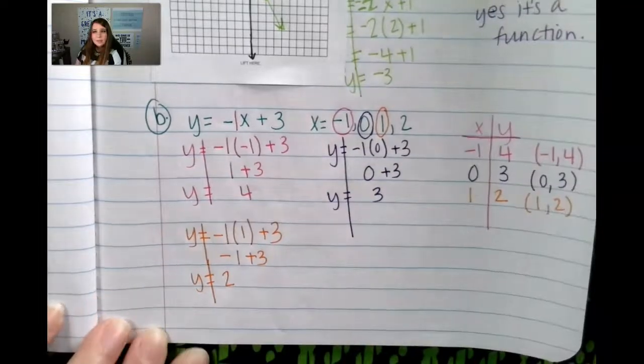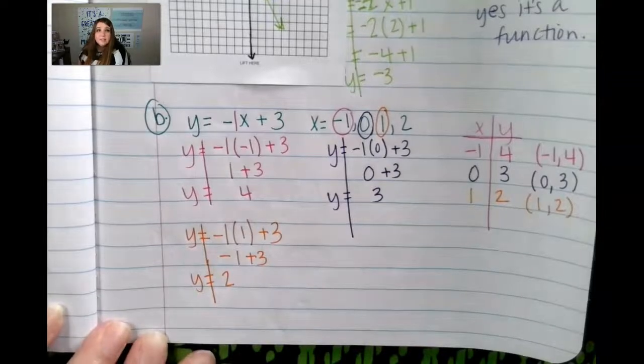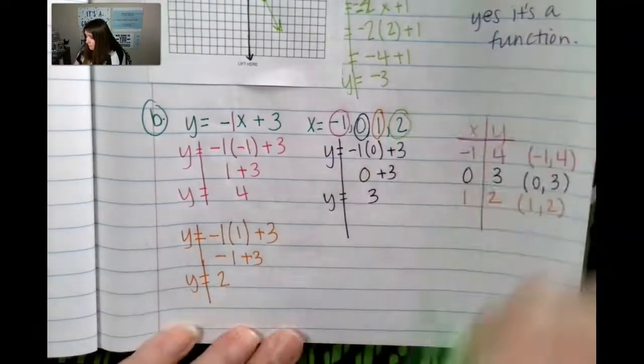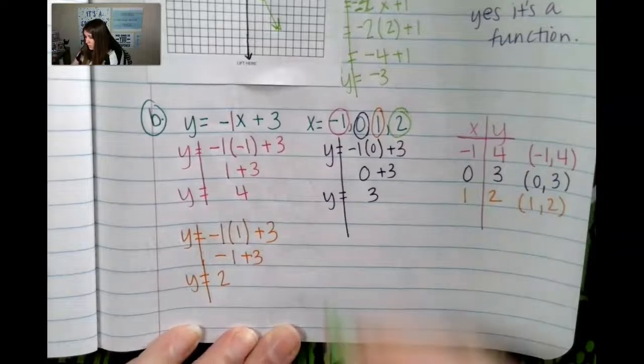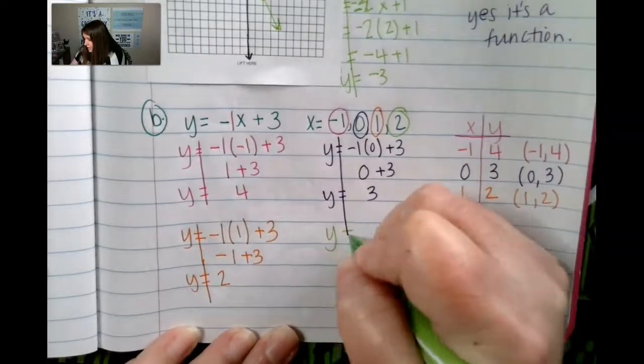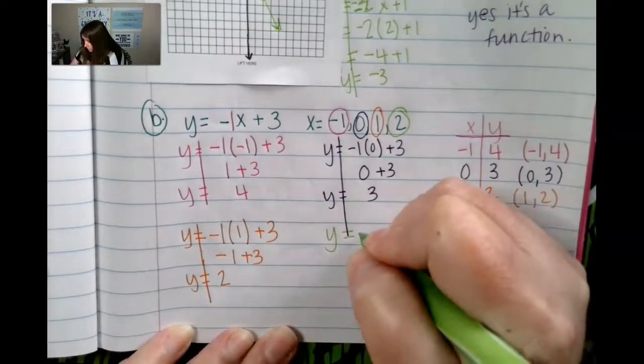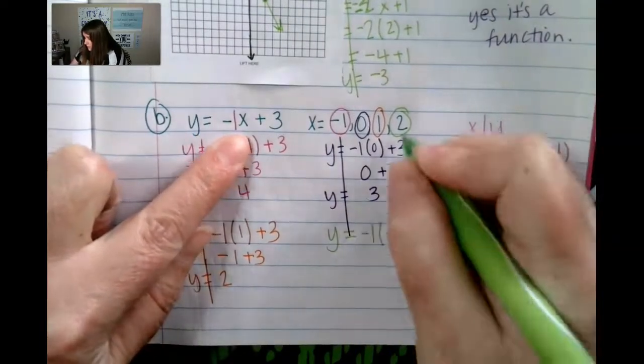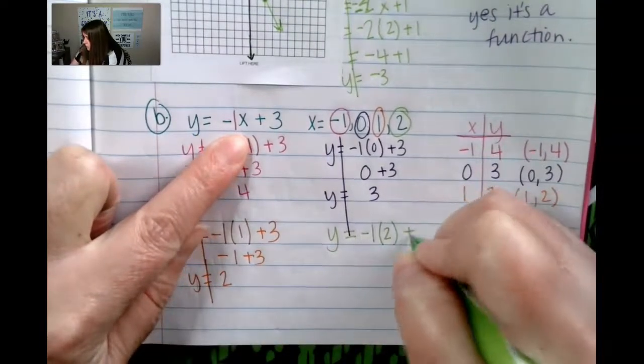That's my next point. Okay, last one. So this is my last time solving for this because I had 4 values for x, so 4 equations. y equals negative 1 times 2 plus 3.